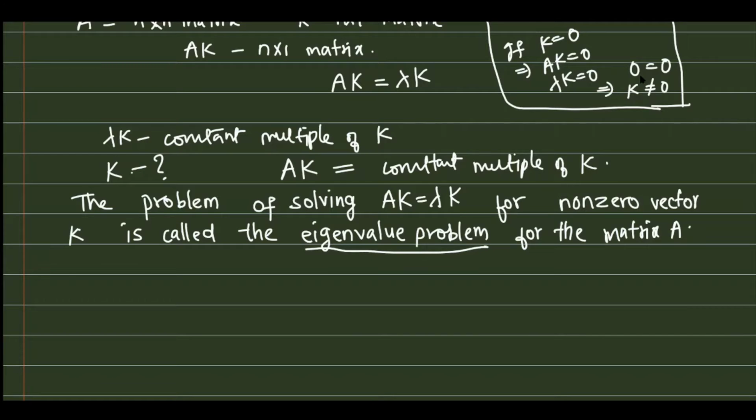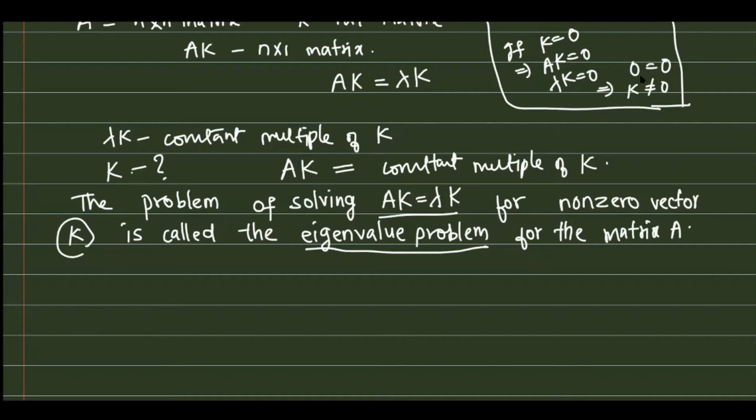Our aim is to find a non-zero vector K for which this equation will be satisfied, for which AK will be equal to a constant multiple of K itself. So our aim is to find such a vector K.